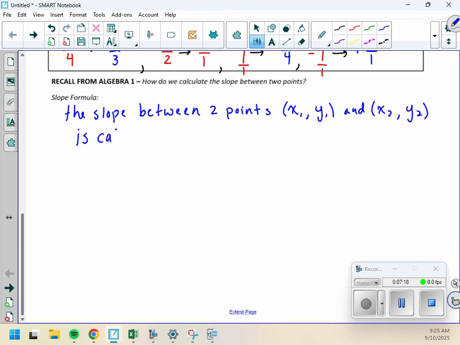Hopefully that formula looks familiar from what you might have studied back in 8th grade, or in 9th grade Algebra 1.